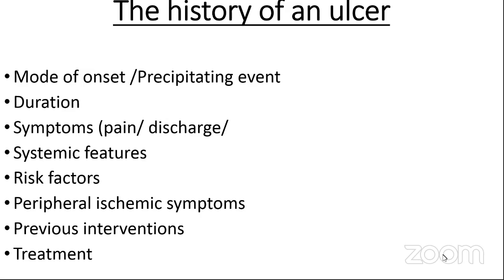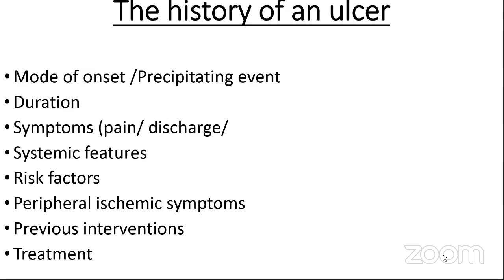Now, previous interventions, like application of any medications. In the villages, they will apply all sorts of vague things made by quacks, and all this will precipitate an increase of ulcer infection also. Now, interventions can be, in arterial ulcer, whether they had undergone sympathectomy, lumbar sympathectomy, or any other procedure on the arteries to improve the circulation.